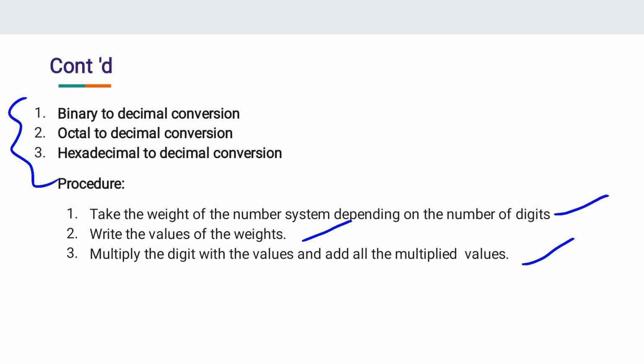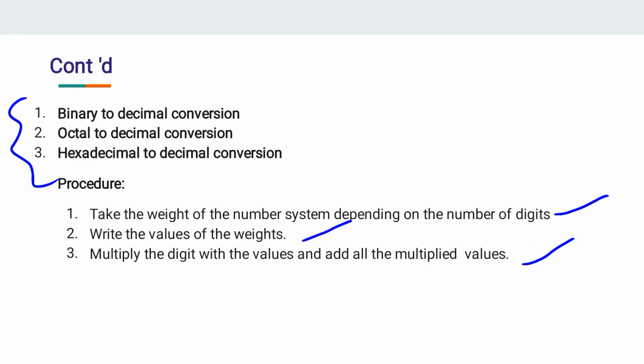This is the procedure we followed in the part 1 video of this unit, where first we take the weights, then write the values, then put the digits, multiply them, and add all the multiplied values. You can refer to this calculation in video 1, part 1 of this unit.